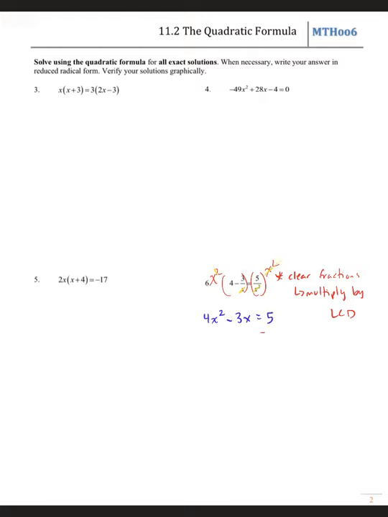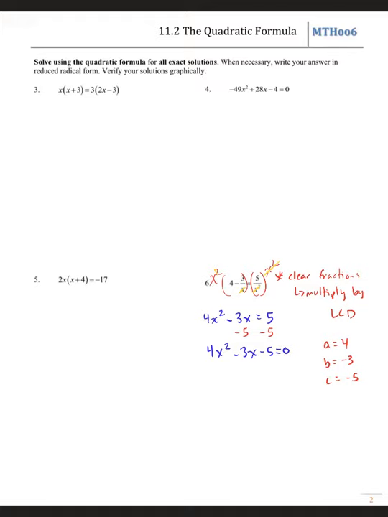Now we just need to move our 5 to the other side, and now we have 4x squared minus 3x minus 5 equals 0. So now we have our standard form with a being 4, b is negative 3, and c is negative 5. Now go ahead and work through the quadratic formula.